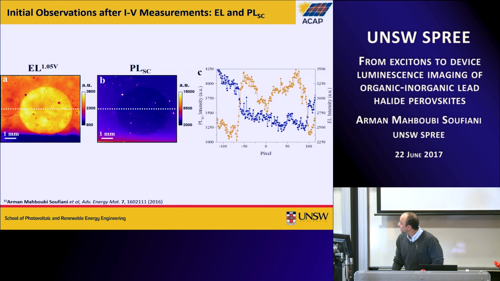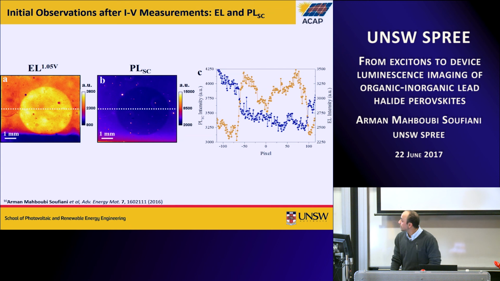And then I performed PL at short circuit condition. You can see here in the PL at short circuit condition, the region which was illuminated appears darker than the surrounding, which was masked during the measurement. This anti-correlation between EL and PL at short circuit condition suggests that the series resistance has reduced in this region.